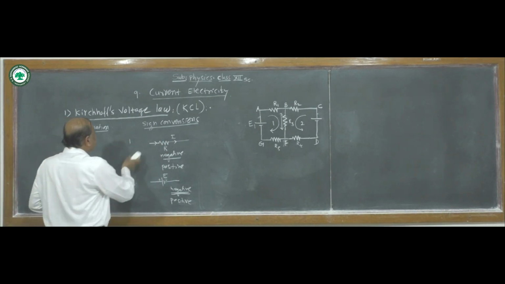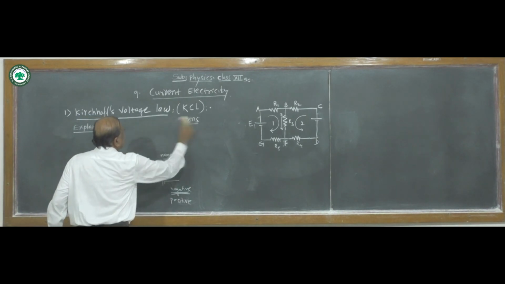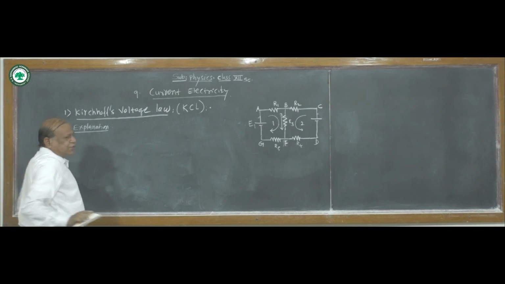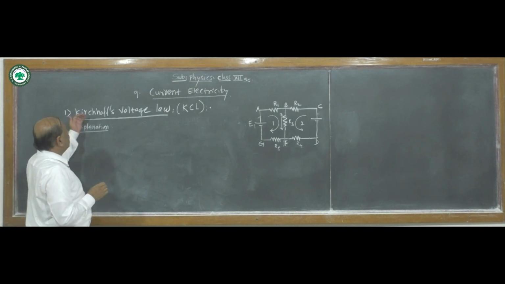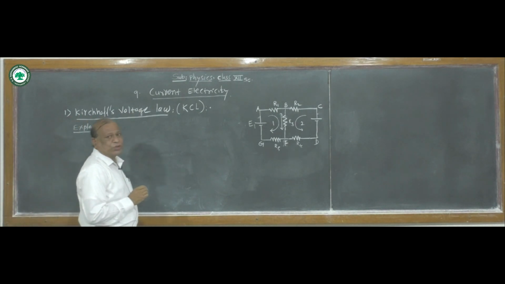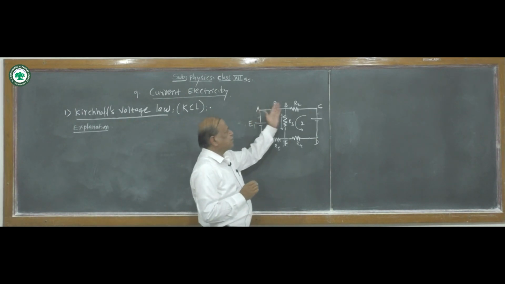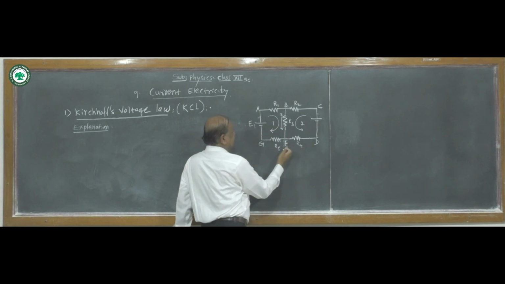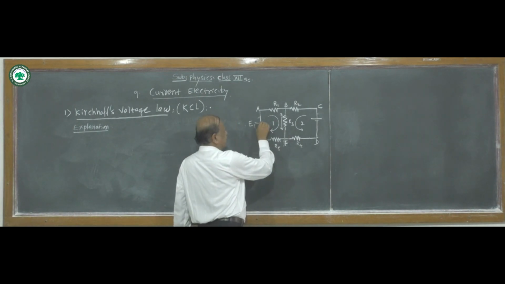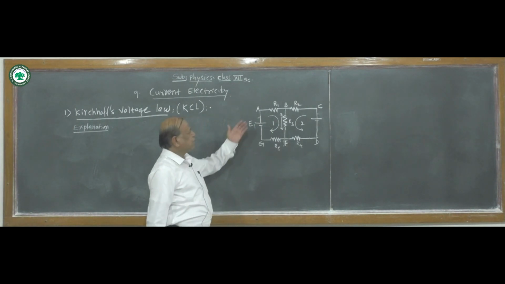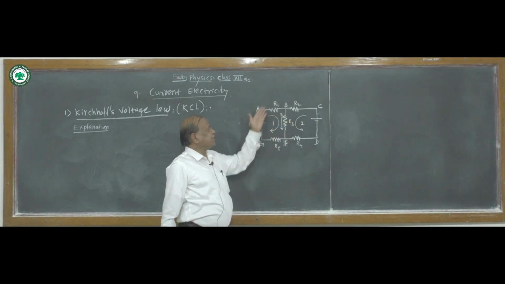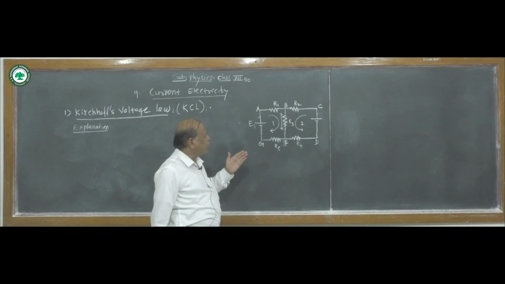And now, knowing these sign conventions, we can explain Kirchhoff's voltage law. Consider this network A, B, C, D, F, G. This network consists of a number of resistors connected in series and parallel combination.